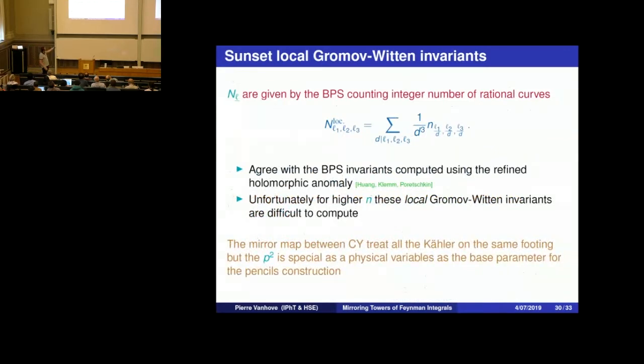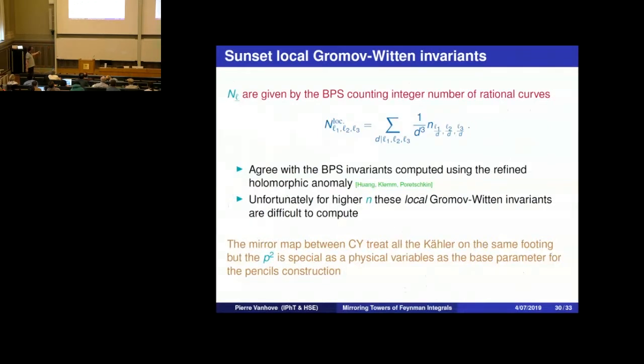In a sense, if I want to do the next case, the K3 case or the higher order, I will have to compute all these local Gromov-Witten invariants through this construction. And honestly, I don't know. I would be very happy to convince Albrecht or his collaborators to do it for me, but honestly, this is difficult.